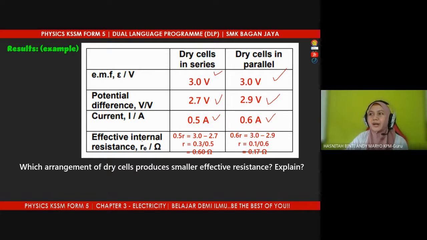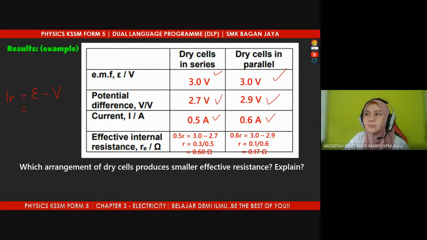So how to find total internal resistance? This one we can apply from this equation. Voltage drop equals E minus V. Voltage drop of the battery equals the EMF of the battery minus the V reading of the voltmeter when the switch is closed.